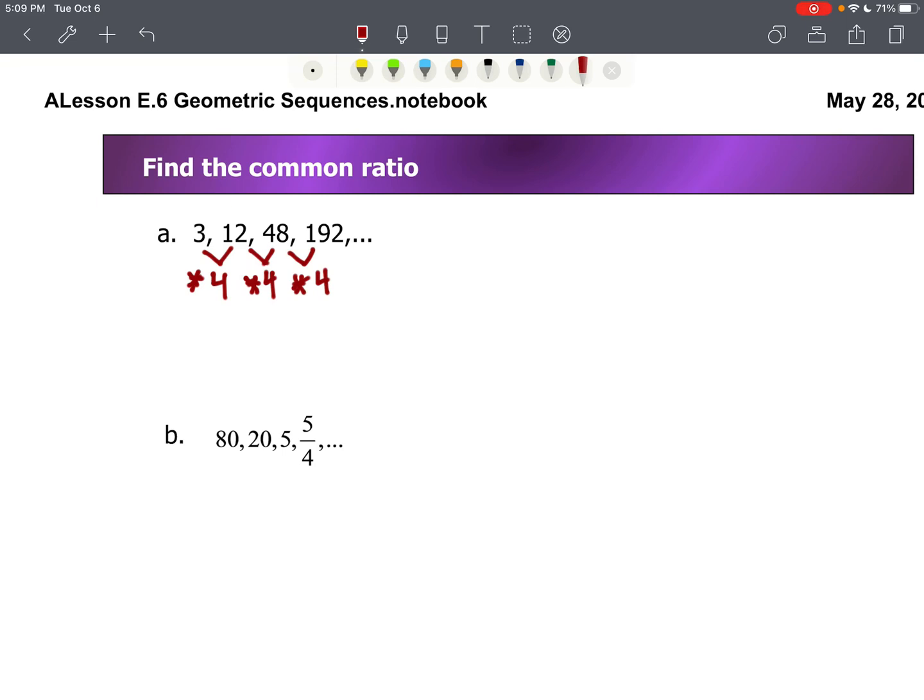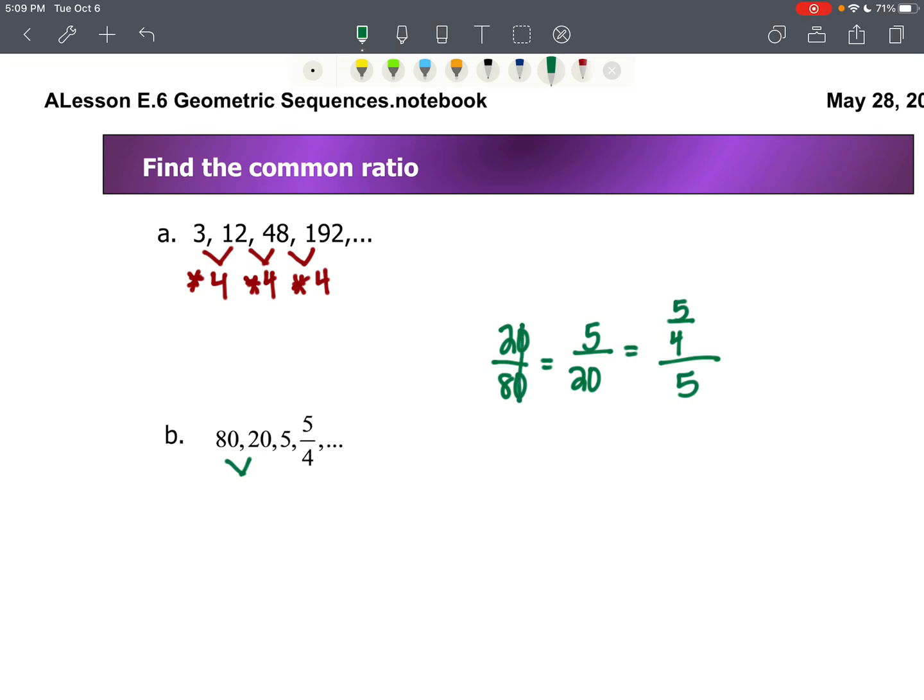192. Now, how do we get from 80 to 20, and then to 5, and then to 5/4? Well, we can say 20 divided by 80 has to equal 5 divided by 20, which needs to equal 5/4 divided by 5.